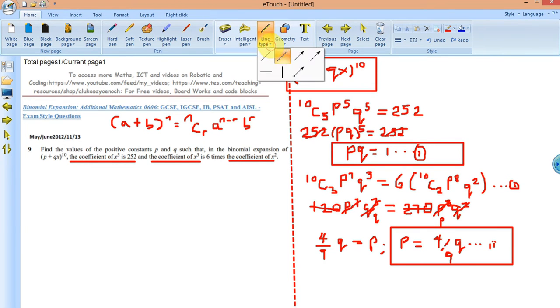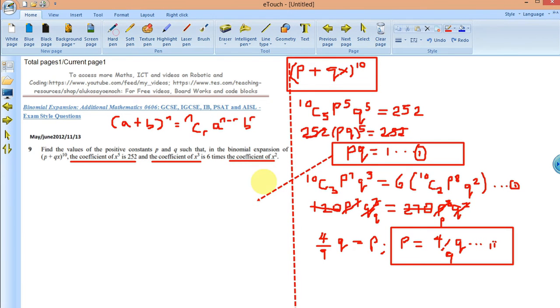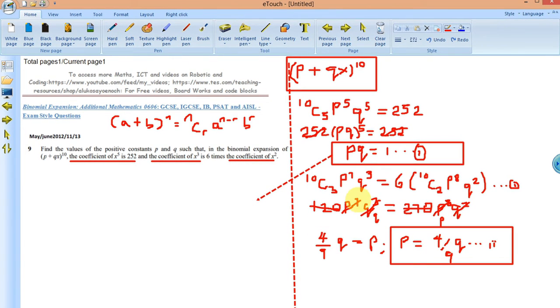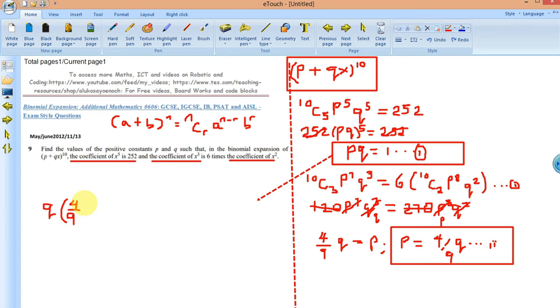So if you want to rewrite equation 1 in terms of q, that will be q times p, and p here is 4 over 9 q, equals 1.